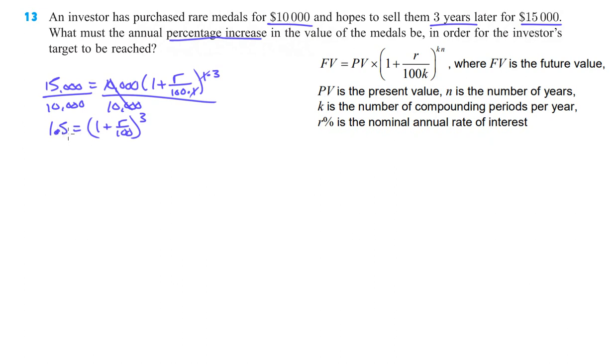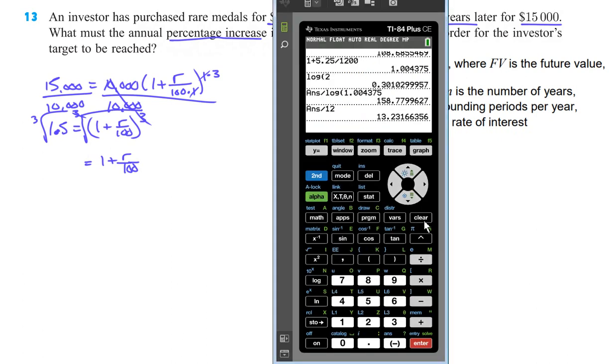The 1.5 means it's worth 150% of the original amount, and 150% of 10,000 is 15,000. Here's what we want to do. We want to get rid of that cube, so we cube root both sides. And we get 1 plus r over 100 equals the cube root of 1.5.